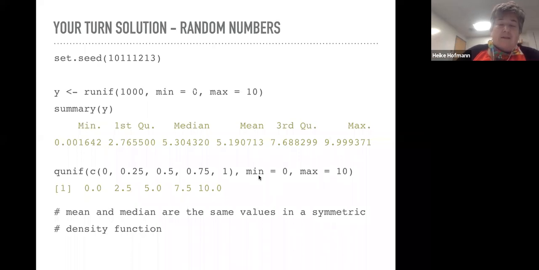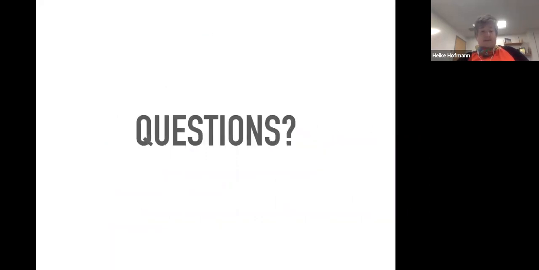For a uniform random variable that's set up as 0 to 10, that gives these quantiles. And you can now see that the quantiles here match fairly closely to the values that we see. As long as we've got a symmetric density function, mean and median are the same, so that's why we're only checking for one value here. Does that make sense? Do you have any questions at the moment?